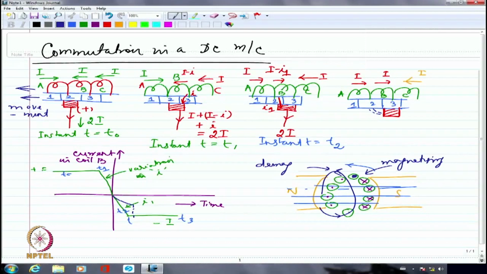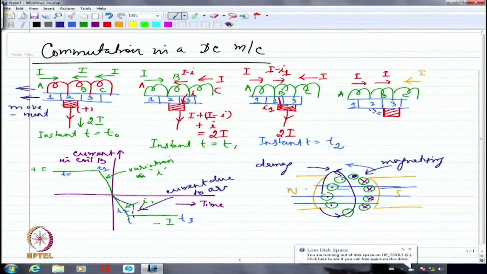So this particular dotted portion, what I am showing, is the current due to ionization or arc. That portion is going to jump from a particular value to minus I very quickly, and this is seen only when the armature reaction effect is pronounced, otherwise it will not be seen.